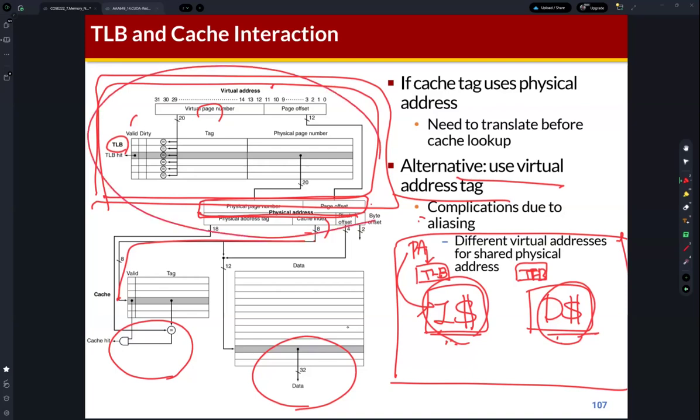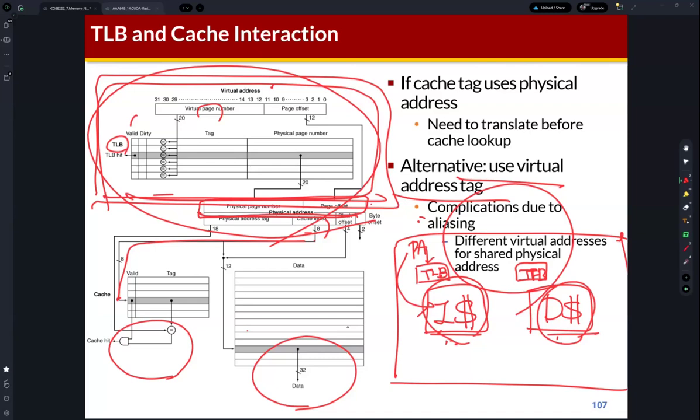But because of the TLB, the hit time can be increased because we need to also include the TLB access time. So in order to avoid this performance overhead, the CPU may access the cache using the virtual address, but it also requires additional considerations.